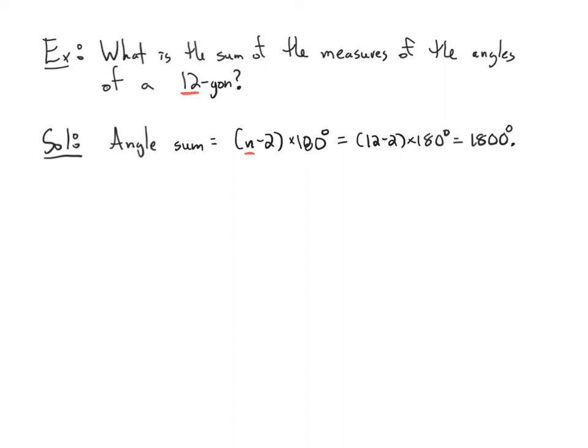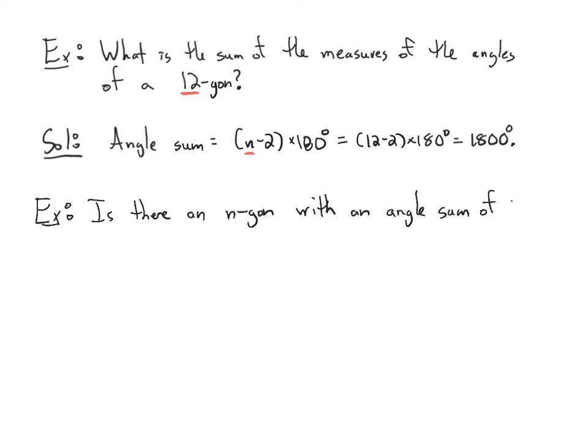Well, let's do another example. Is there an N-Gon with an angle sum of, let's say, 2,100 degrees?